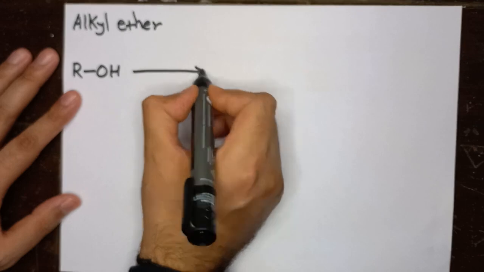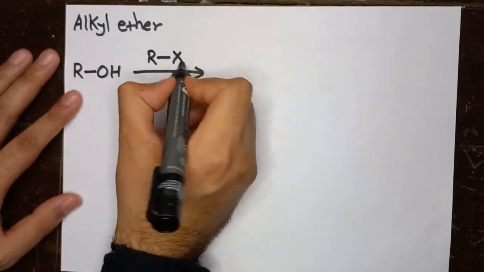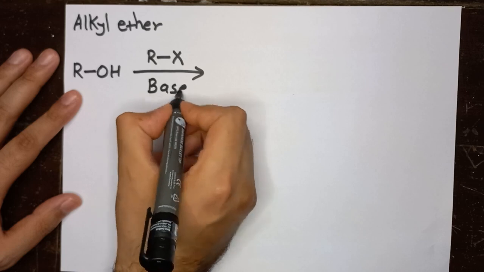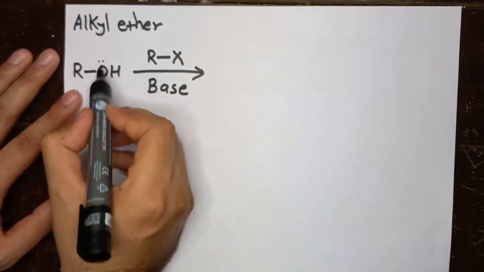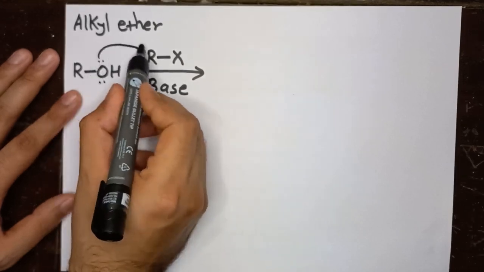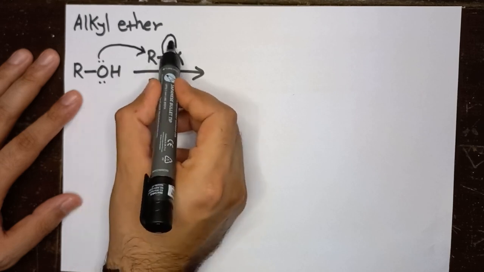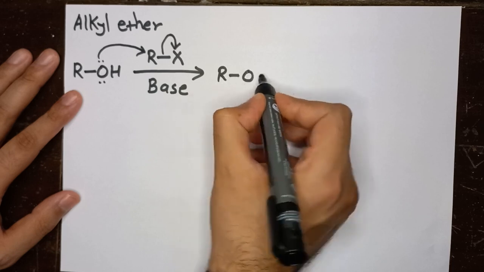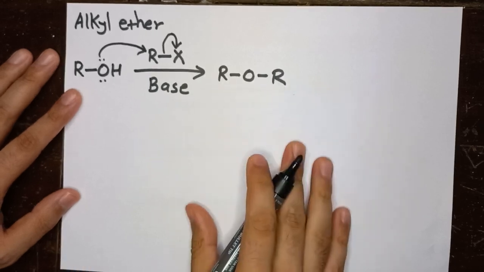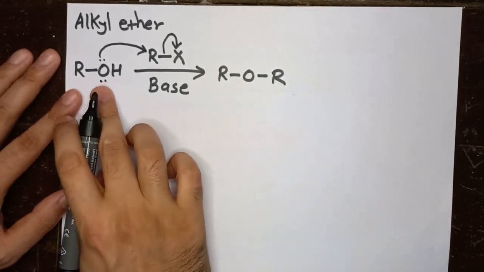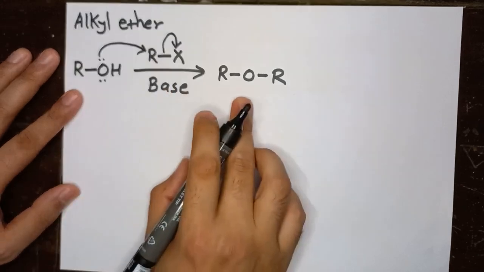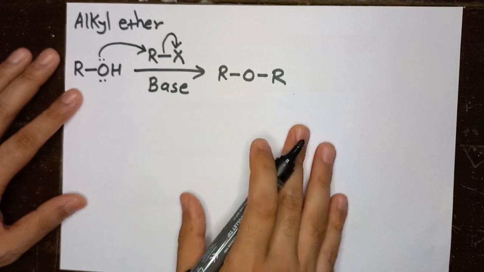When I react it with any haloalkane in presence of a base, what is the reaction? This oxygen lone pair will attack at this R group, will eliminate this halide anion, and this will simply generate an ether bond, and you have protected your alcohol functional group. So this is what we call the alkyl ether protection strategy for alcohols.